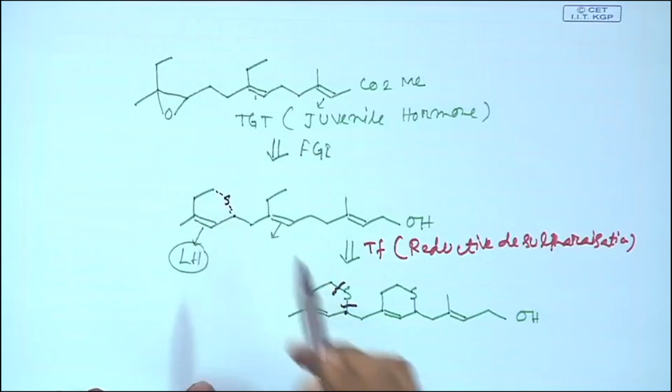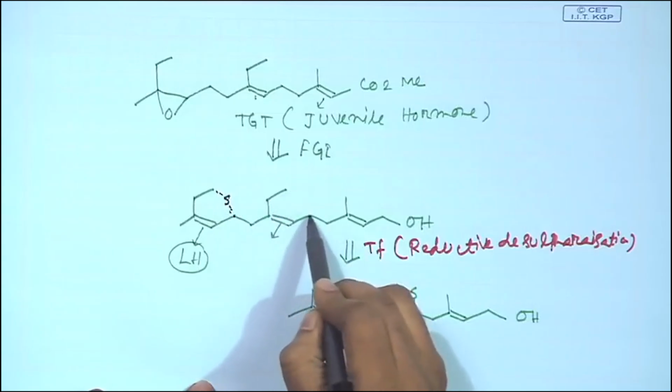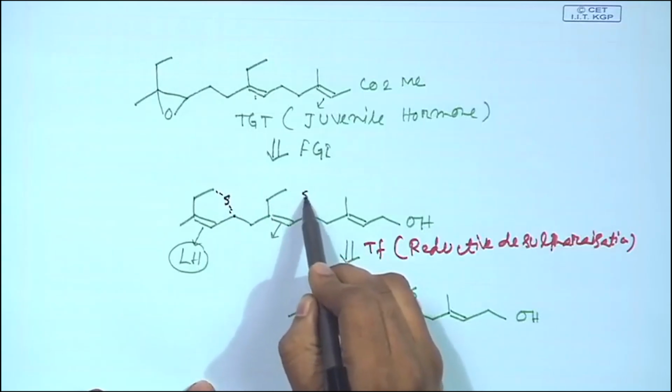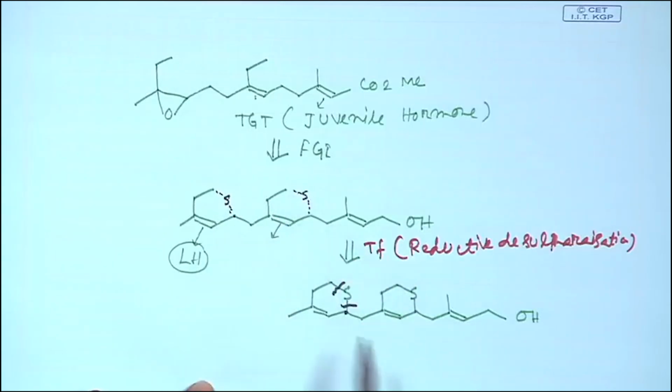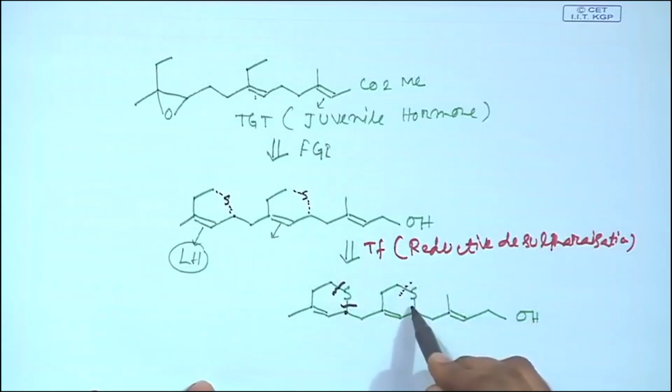We will put it here. This will be another ethyl and you are putting another sulfur here. These two steps, these reductive steps, are absolutely important, and until and unless you know this transformation it is very difficult to analyze. Fine.